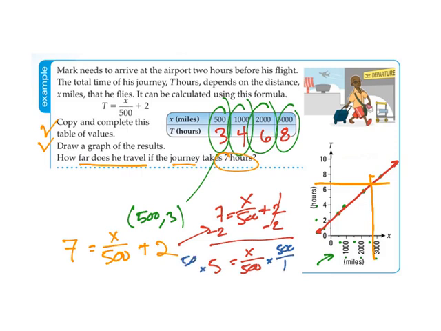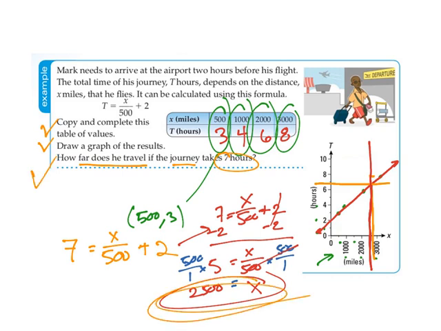That cancels out, and x is equal to 2,500. Okay, so I was right. Technically, this line should touch 2,500, and that's what happens when you don't have graph paper. That is why it's important to make graphs on graph paper. So how far does he travel if the journey takes 7 hours? 2,500.